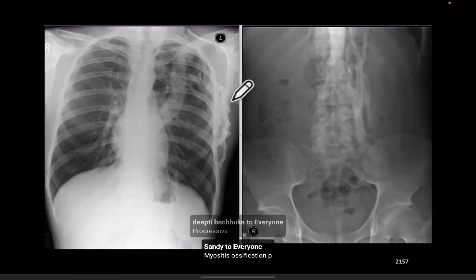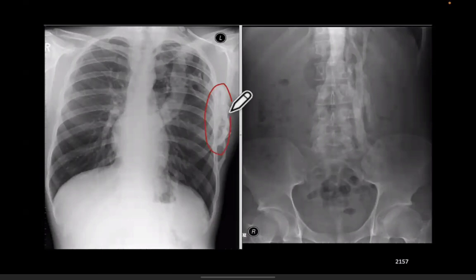And you get sheets of calcification and ossification, which eventually lead to non-expansion of the chest. Okay, so if they bind the ribs together, there'll be no expansion. And here is similar change seen on the abdominal film. Fibrodysplasia ossificans progressiva.